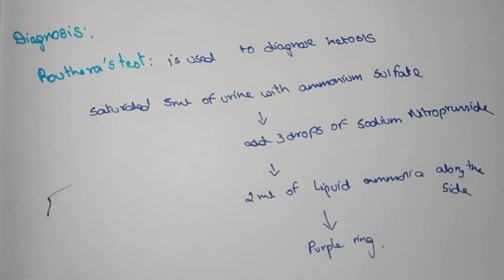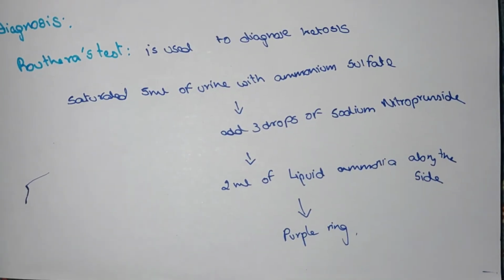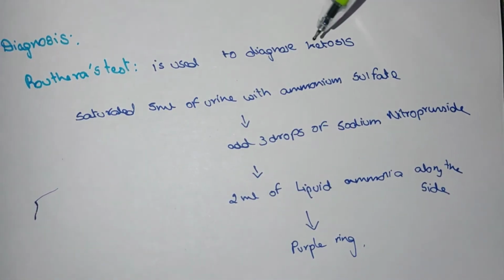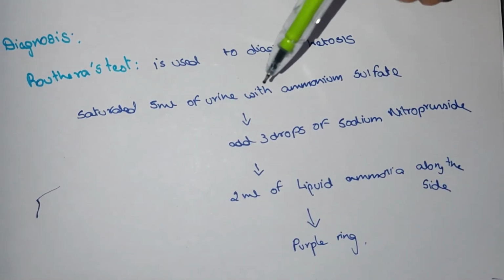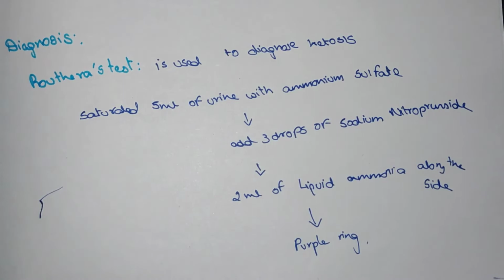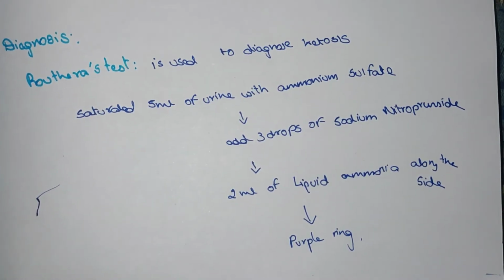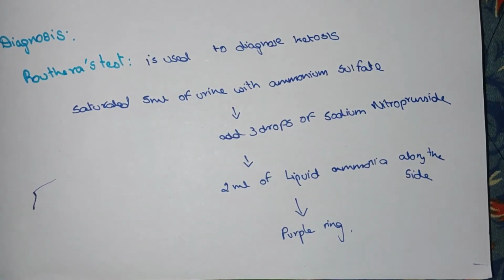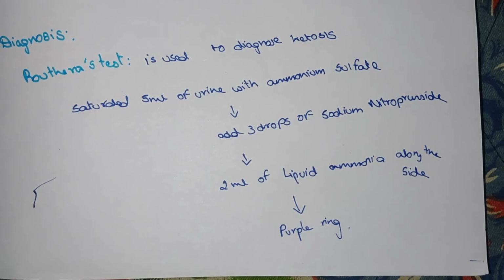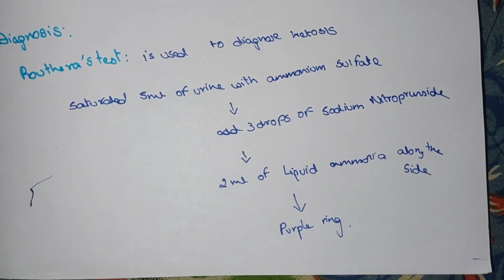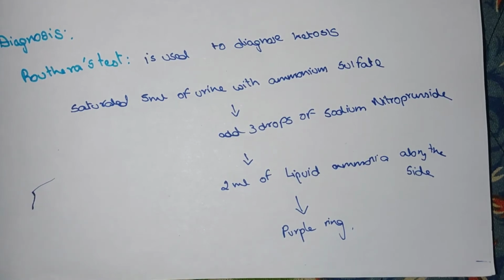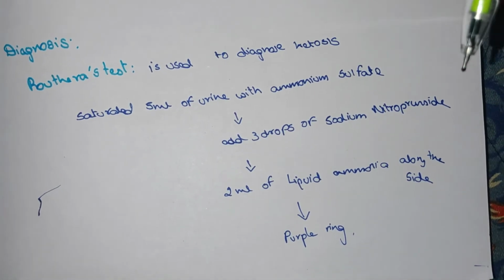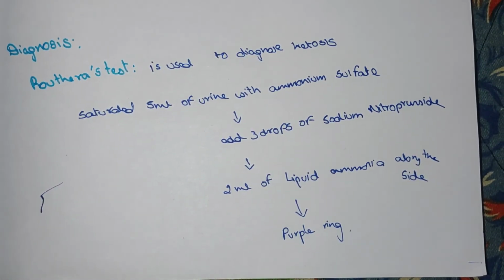Now we will see the diagnosis of ketosis. How can ketosis be diagnosed? By Rothera's test. Saturate 5 ml of urine with ammonium sulfate, add 3 drops of sodium nitroprusside, and then put 2 ml of liquid ammonia along the side of the test tube.